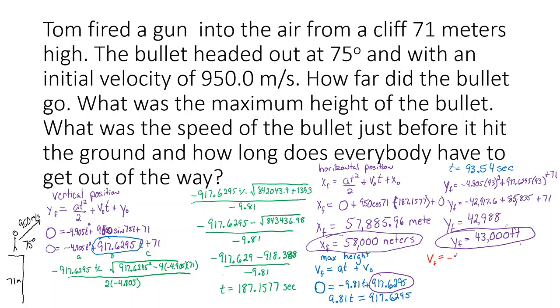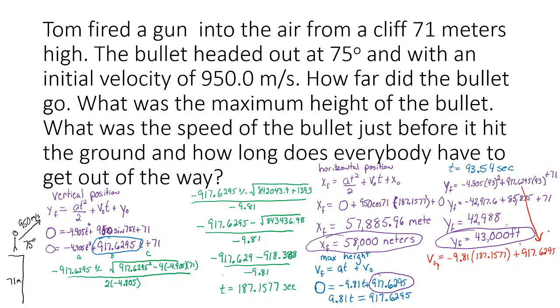So negative 9.81, and the time it was in the air, the total time in the air, we decided was 187.1577, plus our velocity in the vertical direction, which we've decided a few times was 917.6295. Got that from right there.